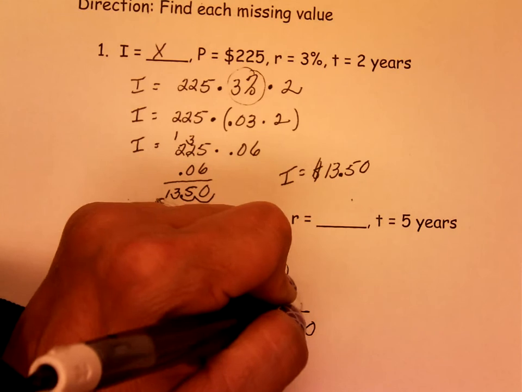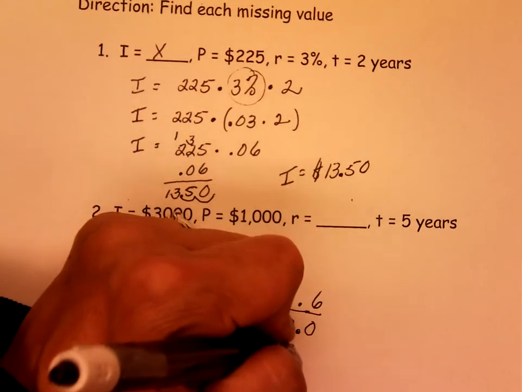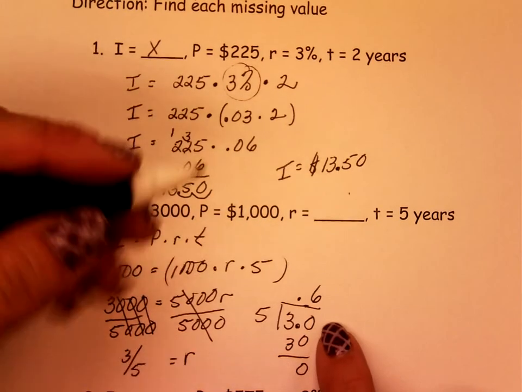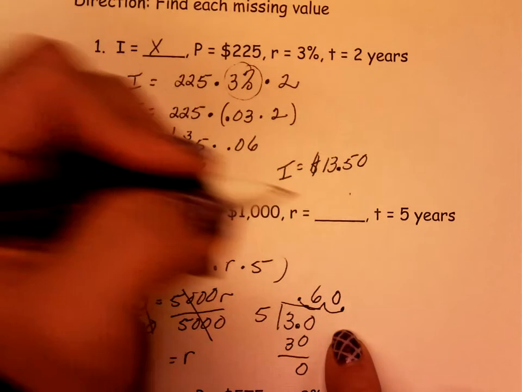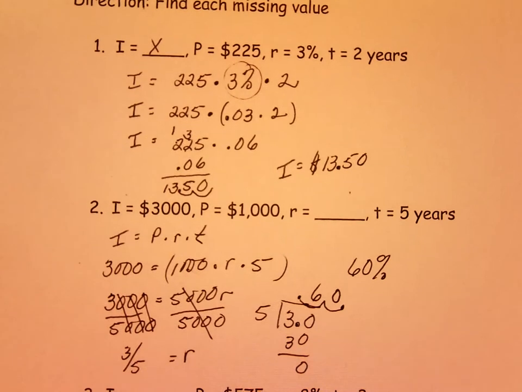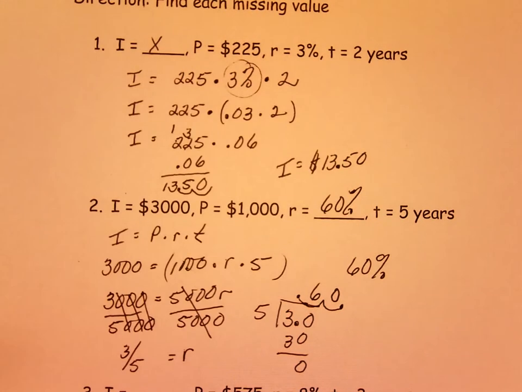Add your 0. 5 goes into 30 6 times, which is 30, and 0. Okay, that's your decimal, but to get percent, you move the decimal over 2 places to the right, and the answer is 60%. So the interest rate is 60%.